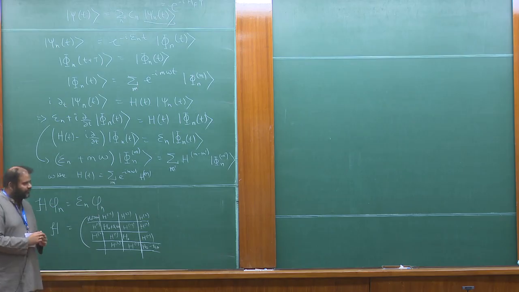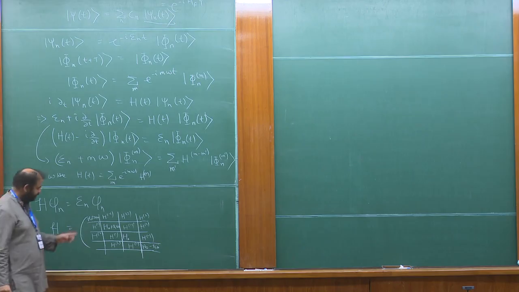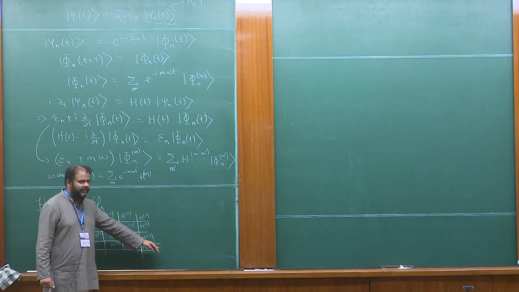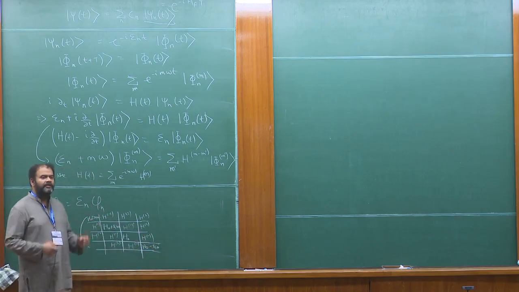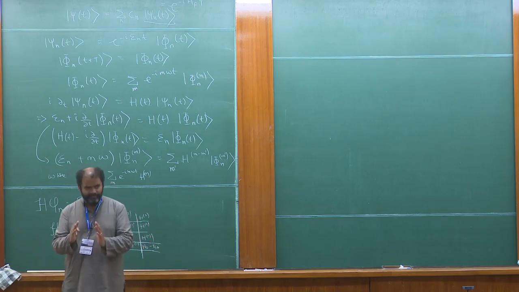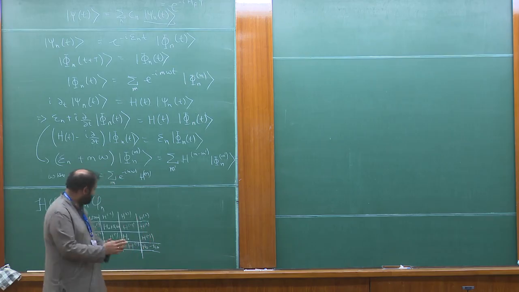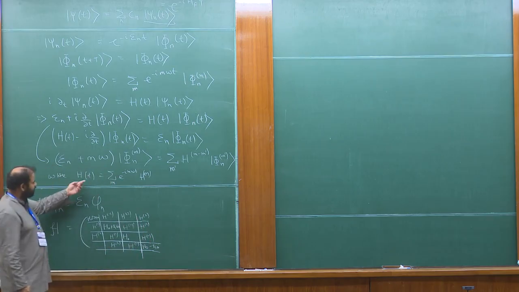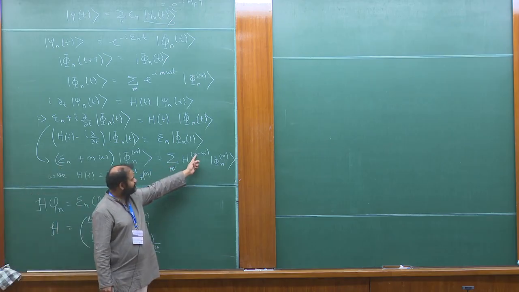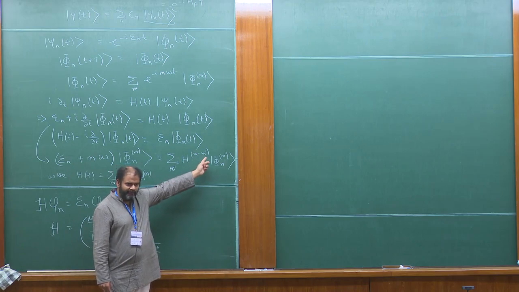Let us look at the structure. If I look at the diagonals, this block diagonal comprises the H zeros. Basically, this does not have any of the m ω, so the diagonals correspond to m being equal to m prime.